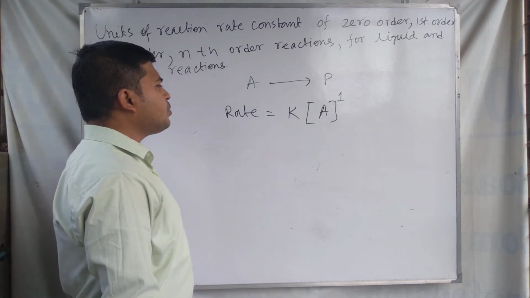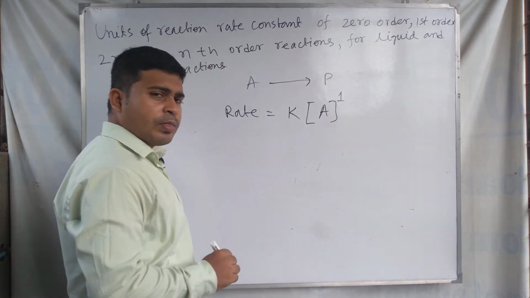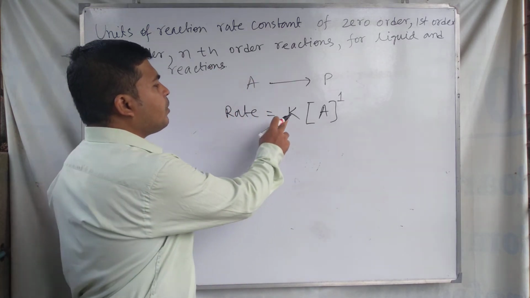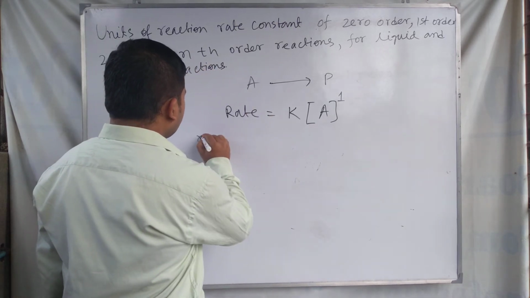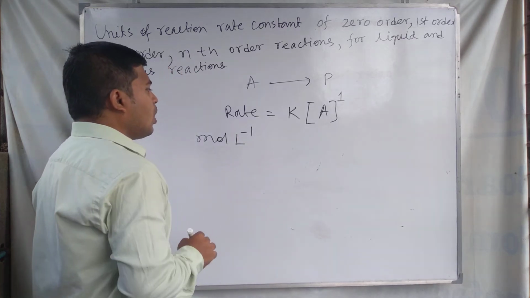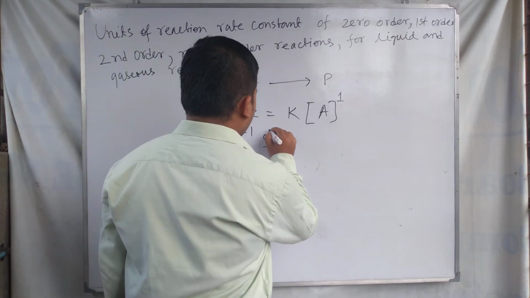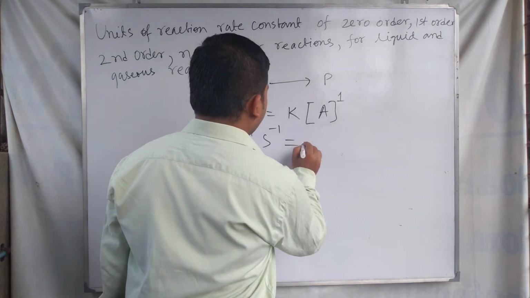For this first order reaction, we have to find the unit of the rate constant k. We know that the unit of rate is mole liter inverse second inverse. This is the unit for the rate of reaction.